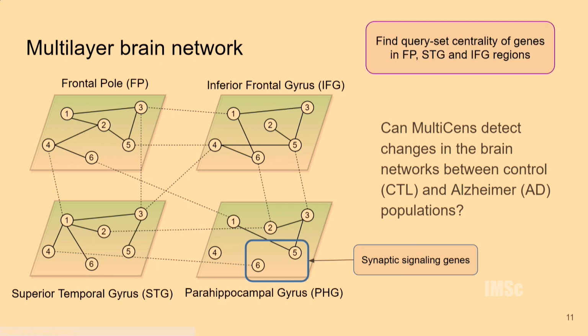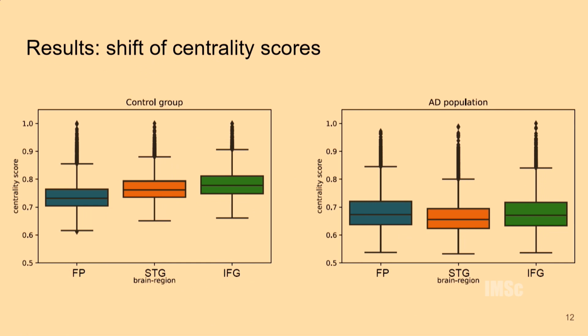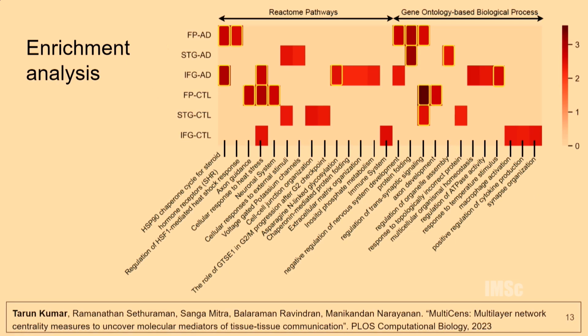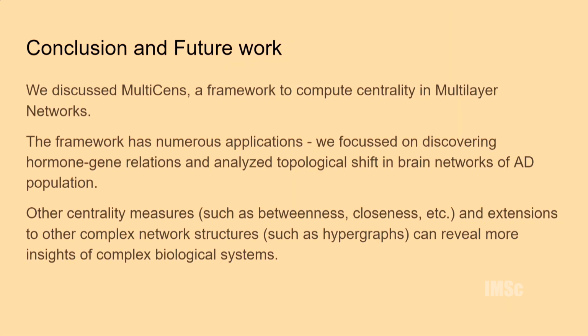And our results show that there is a noticeable shift in their centrality scores, and this is a more relevant slide where we do the pathway enrichment analysis, and we find that in the diseased population they are enriched for some particular category of pathways. Control population, they are enriched for some other pathways. So this is pretty much what I had.